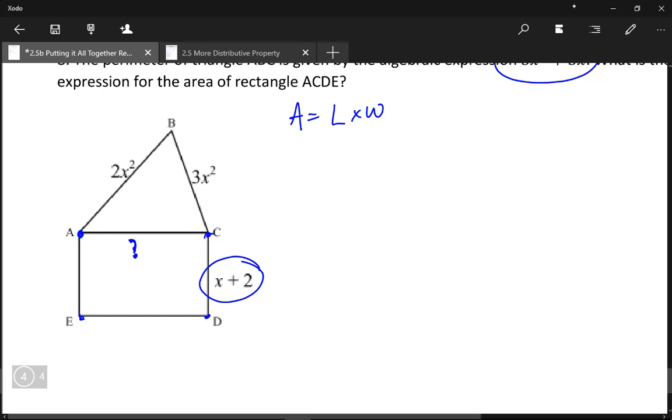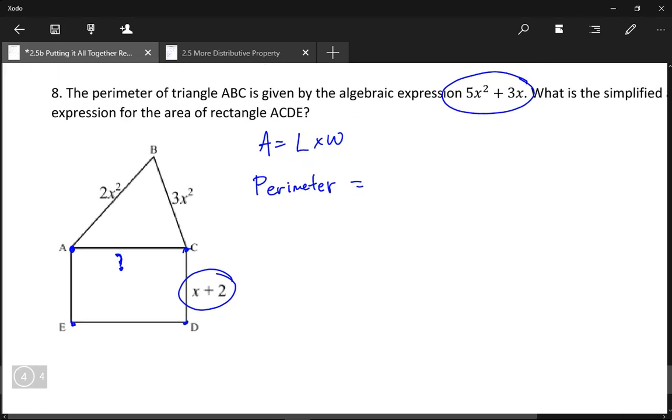Okay, so we're given the perimeter is equal to the expression that they gave us, 5x squared plus 3x. But we also know 2 of the sides. So I can say 5x squared plus 3x is equal to the sum of all 3 sides.